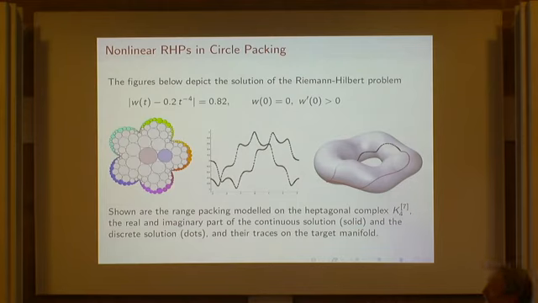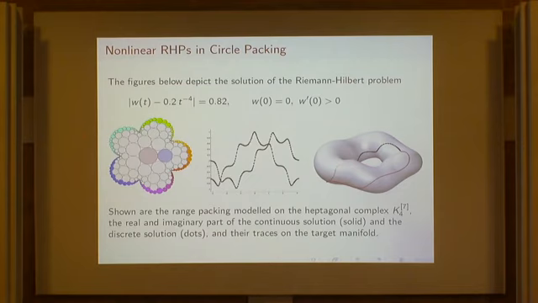And now you can formulate Riemann-Hilbert problems for such circle packings. Namely, that the boundary circles have to be tangent to a given family of target curves. Okay? And we modeled continuous Riemann-Hilbert problems with such circle packings. And we got completely surprising results. This is a solution to such a discrete Riemann-Hilbert problem.